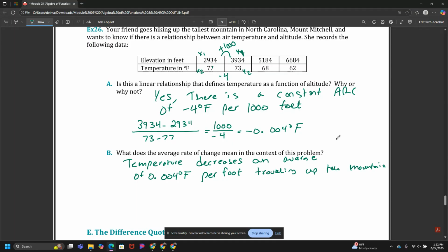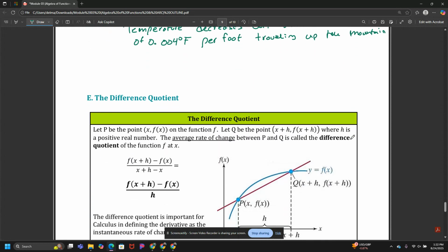And if we found the slope between these 2 points, we would find that that's also negative 0.004. Okay, I'm not going to put you all through having to watch me do that, because this video is already a little long.